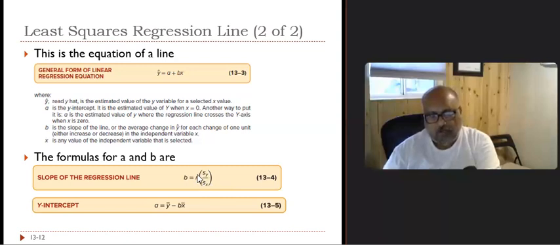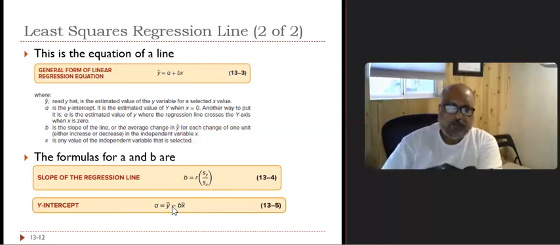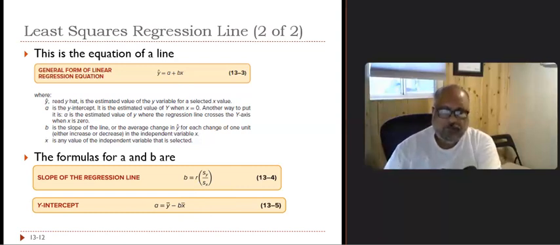So r is the correlation coefficient showing the strength. The y-intercept can be found by rearranging this equation here. So it's a pretty useful equation that can be used to do any kind of regression analysis using the least squares regression principle.